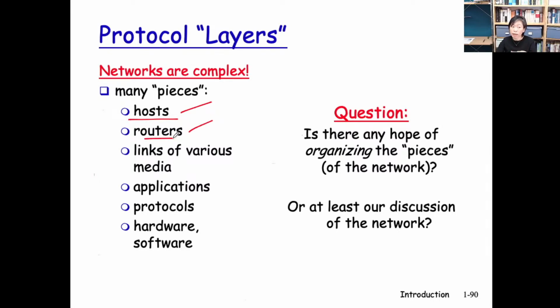And then connecting the edge and the core, we do have these access networks or access links that operate different kinds of physical media running different kinds of modulation mechanisms. So these nuts and bolts compose and form the physical infrastructure of the internet.